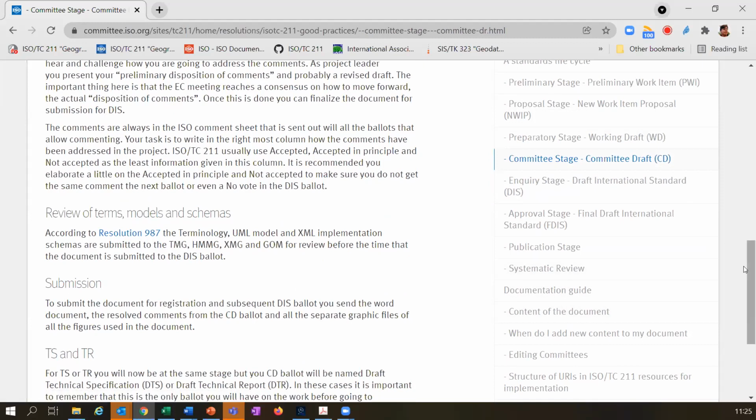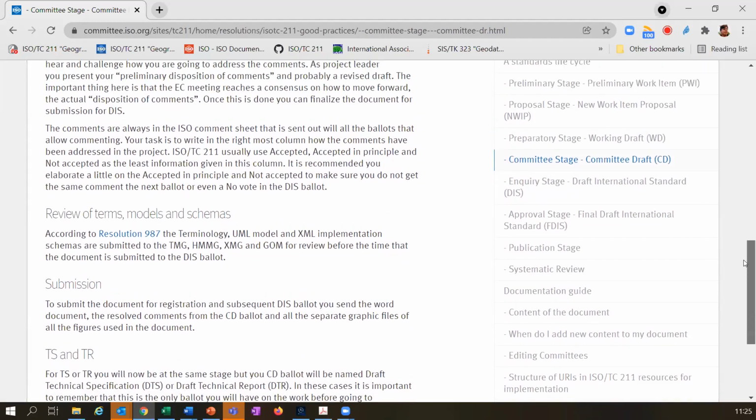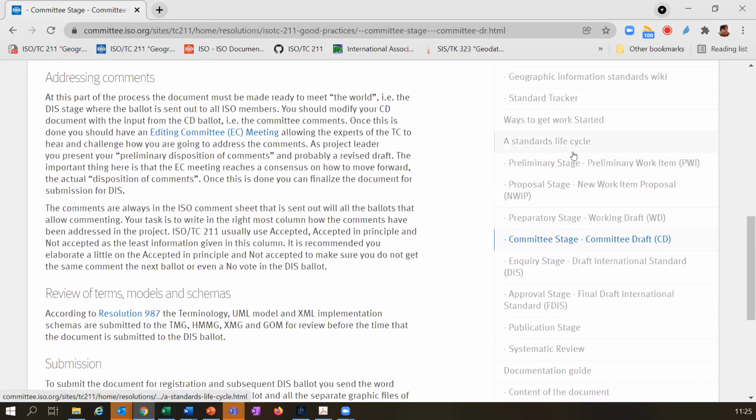All this information is structured in the process of the document life cycle. So depending on where you are in your project, you can go in and read about what to do: I'm here now, I'm going there, what do I need to do to get there?